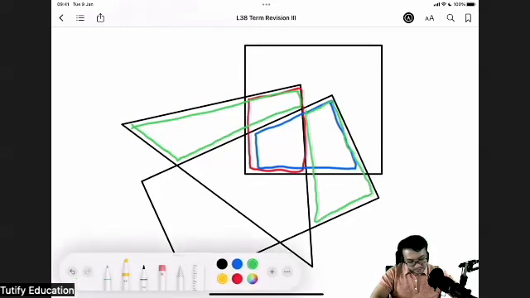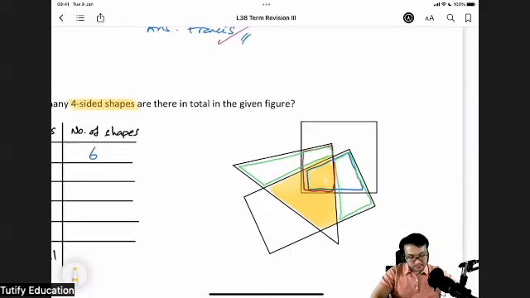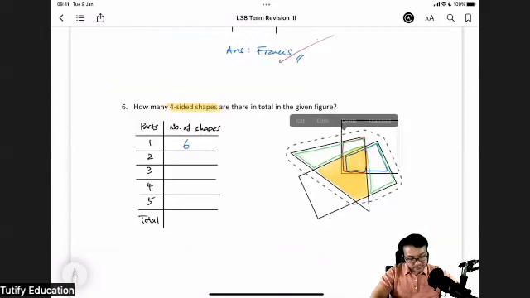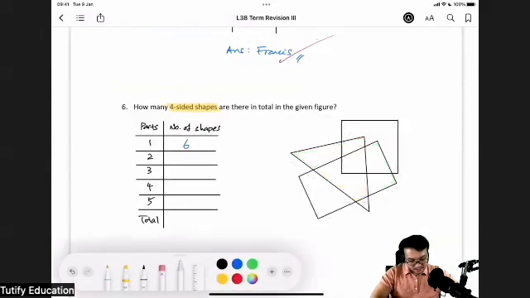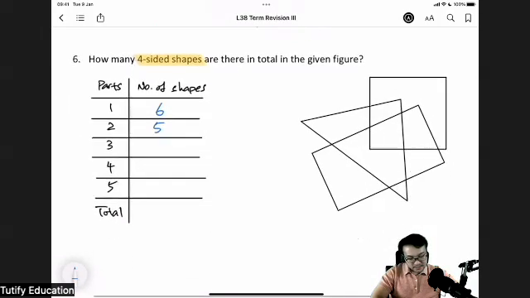Oh, I found it. This is made up of two parts as well. 5. Yes, I agree. So there are 5 four-sided shapes that are made up of two parts. What about 3 parts?